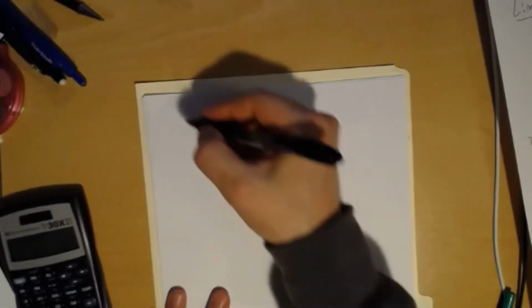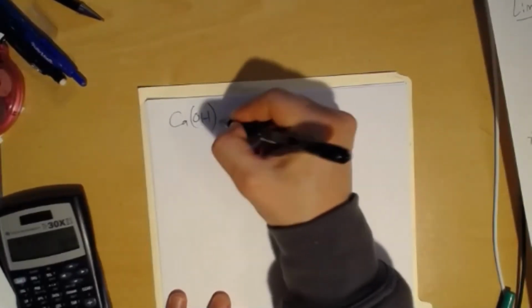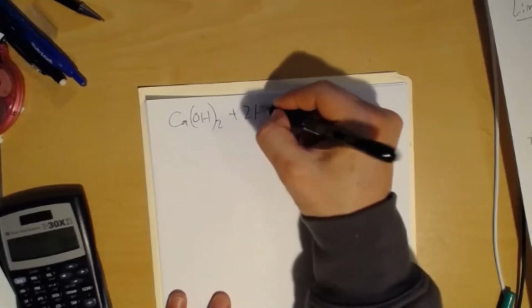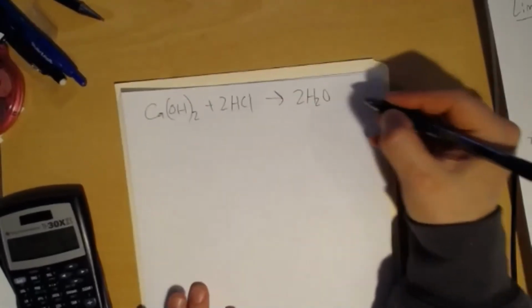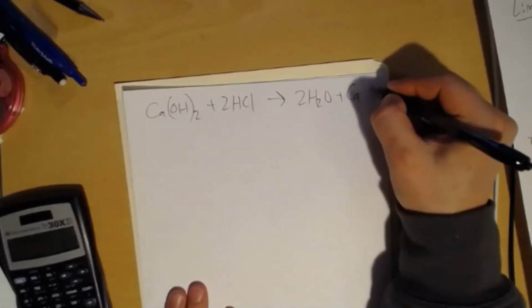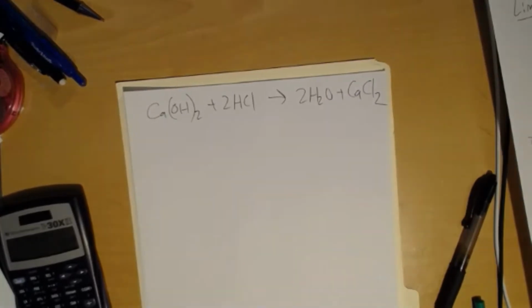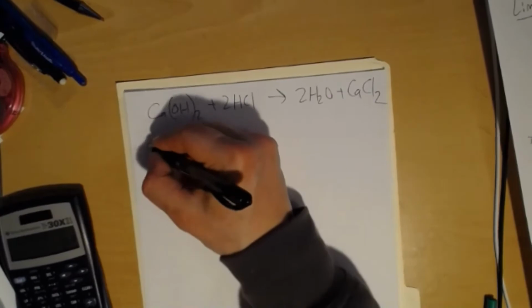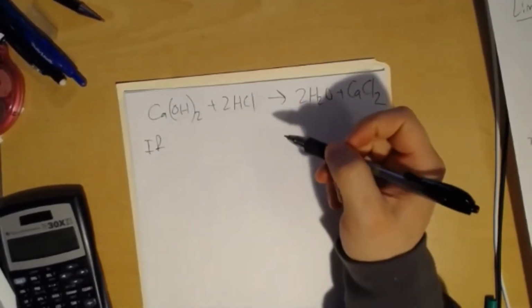How about calcium hydroxide plus 2 HCl goes to 2 water plus CaCl2, okay? And let's make them the same amount.